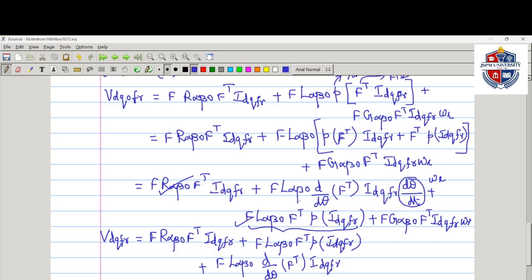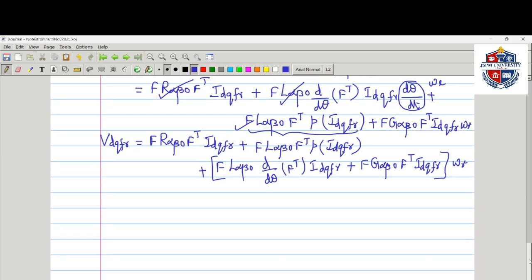Then this term is over. The final term is plus F G alpha beta 0 F transpose into I dq fr, the whole multiplication into omega r. Now we have these three terms available.